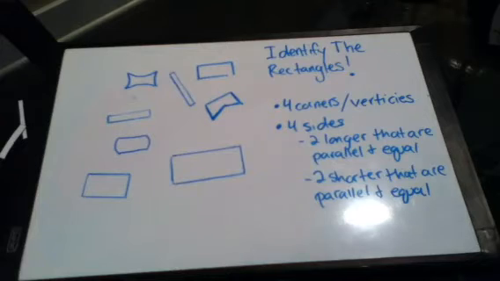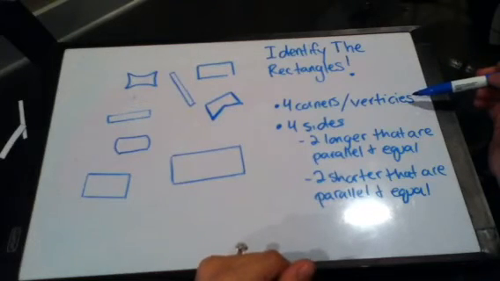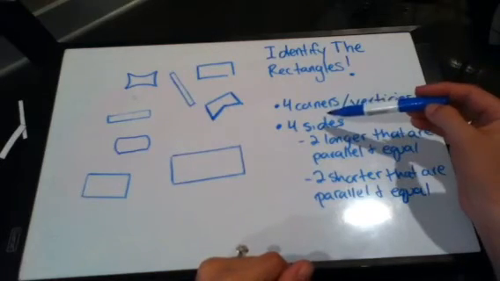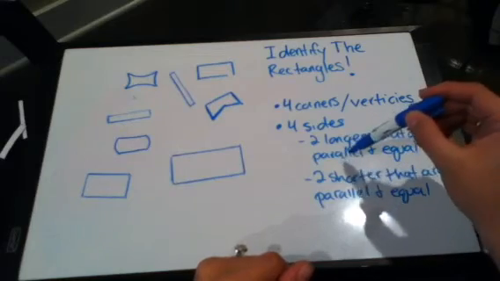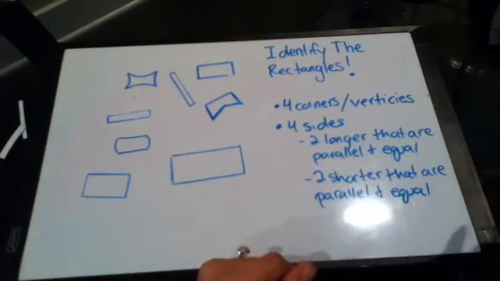And you could either have them drawn like I have them here, or you can have the actual shapes so that they can touch them and feel them. And have them identify the rectangles. So they should know that a rectangle has 4 corners or vertices, that there are 4 sides, 2 of them that are longer and that are parallel and equal, and 2 that are shorter that are parallel and equal.